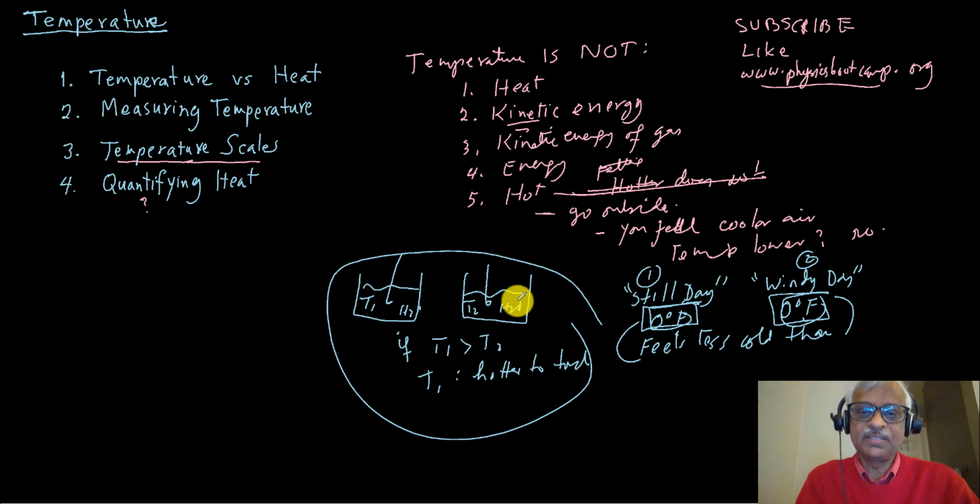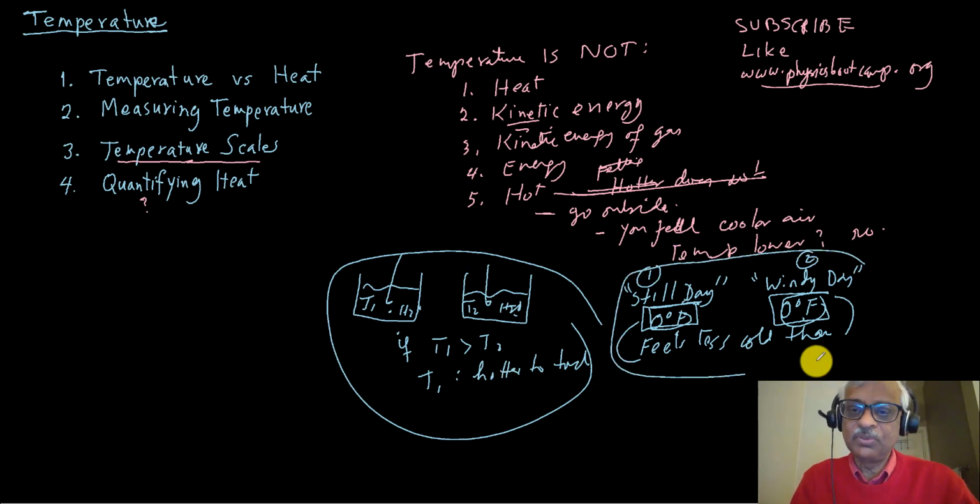Because they're the same system, you can use your senses to tell which is hotter and which is cooler, and that is okay. But because these guys are different systems, you can't tell. So that's a whole bunch of things temperature is not.